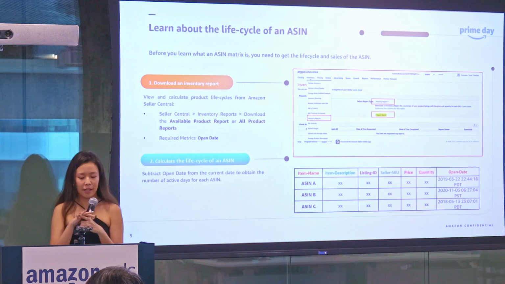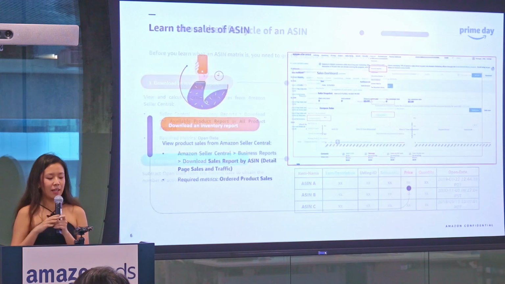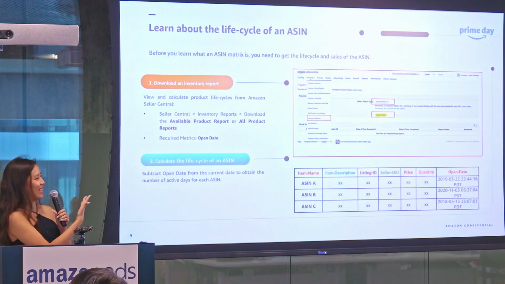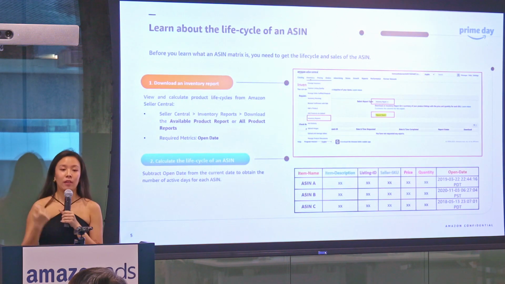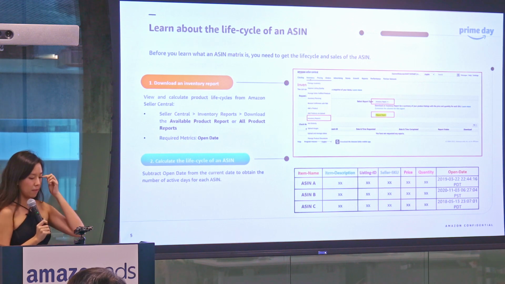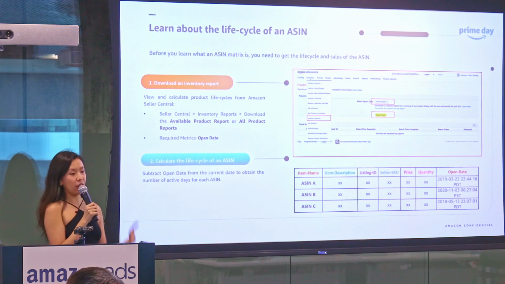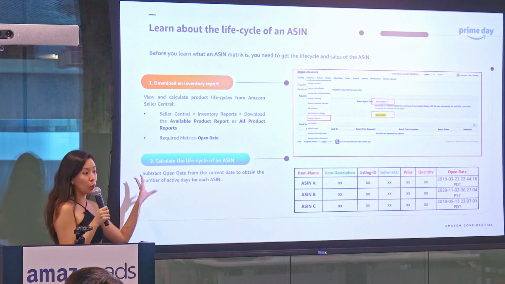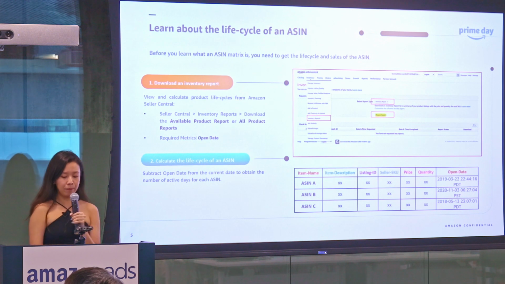That's the product life cycle of your ASIN. Second piece of information, sorry, did anyone miss? You want to rank your ASINs from the most recent to your oldest launched ASIN.